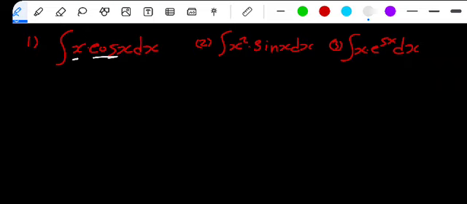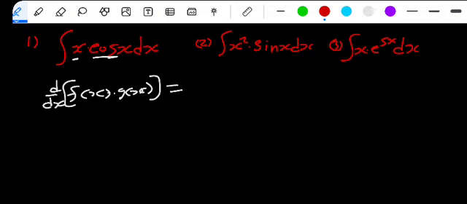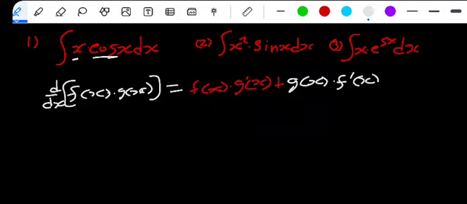If you still remember the product rule, if you're given the function f of x multiplied by g of x to differentiate, we write this in product form: f of x multiplied by g prime of x, plus g of x multiplied by f prime of x.